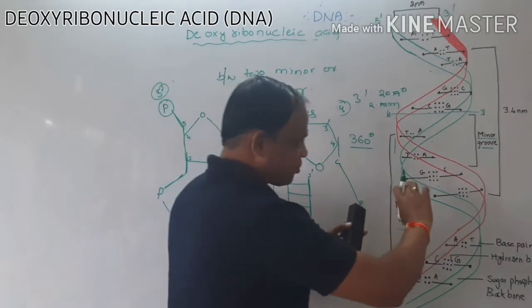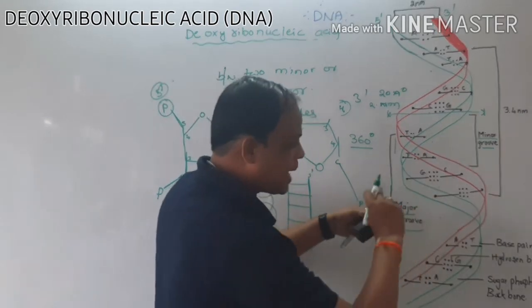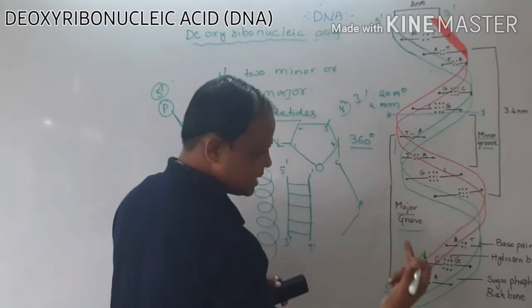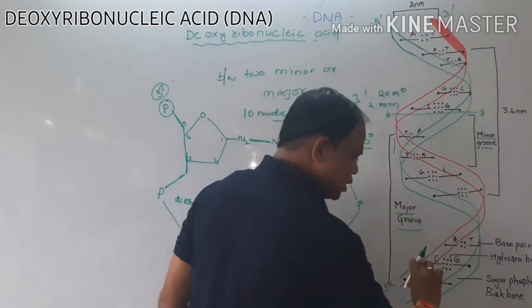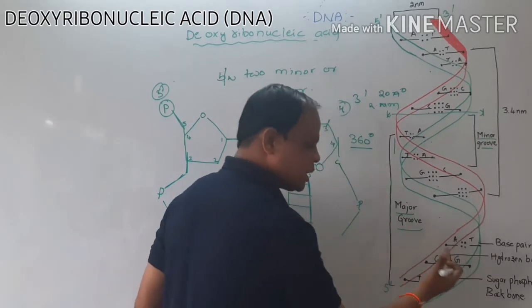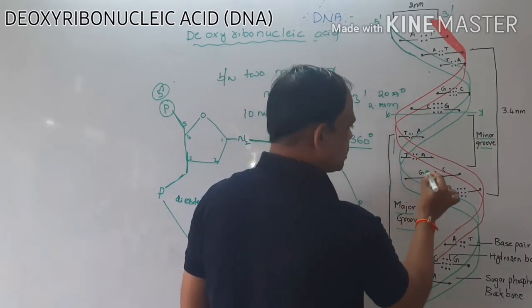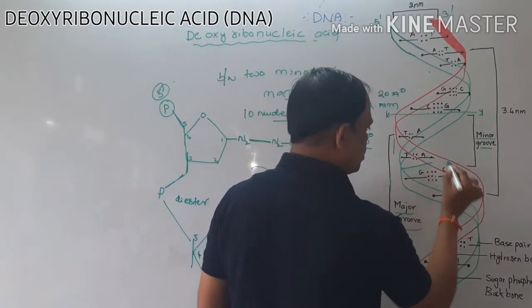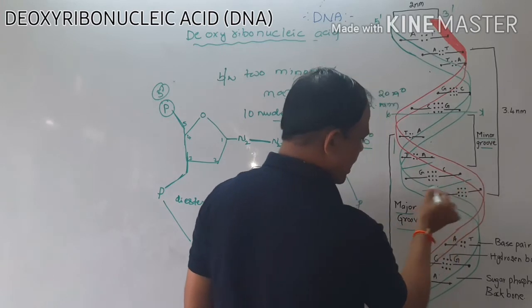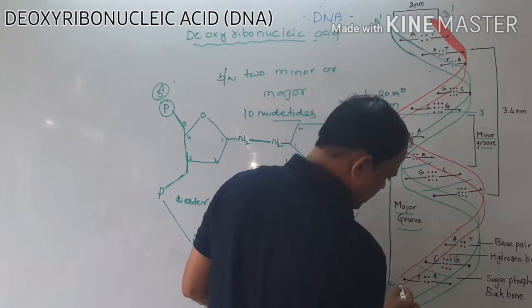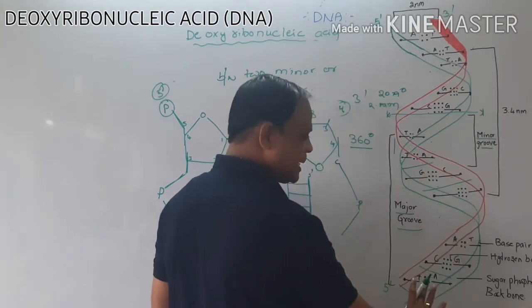And here this is like a spiral ladder-like structure. The two successive nucleotides have an angle. For example, mainly 1, 2, 3, and 4. Here this is 1, 5, 6, 7, 8, 9, and 10. This is one helix.